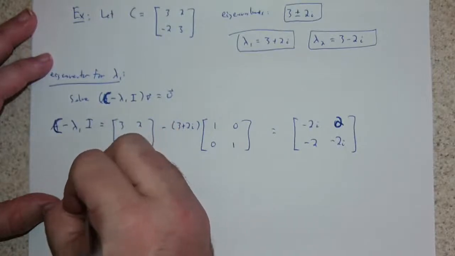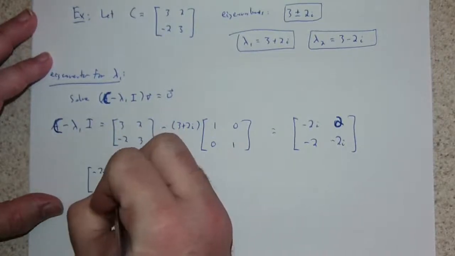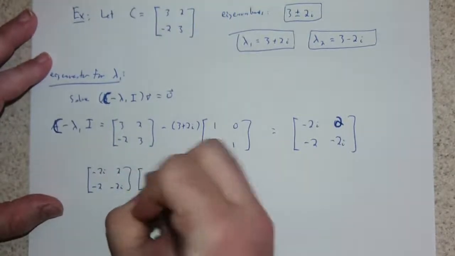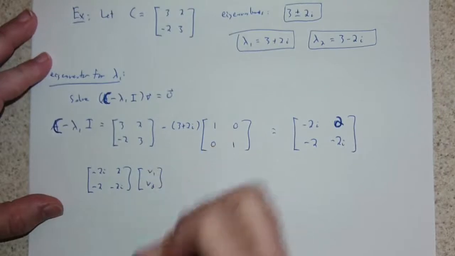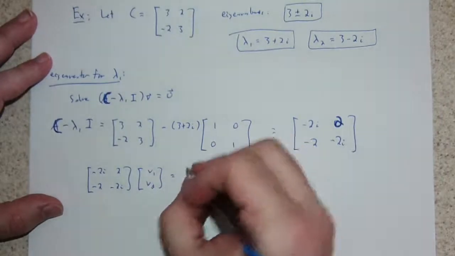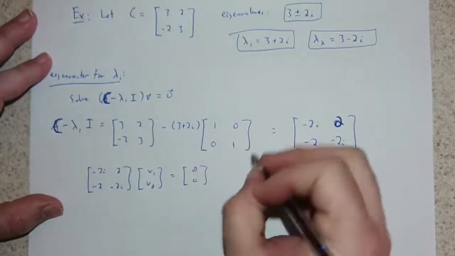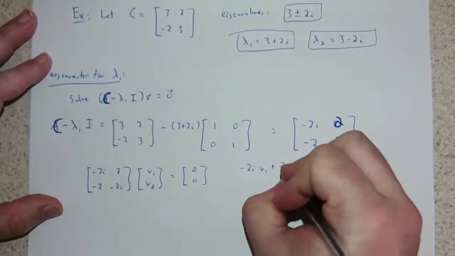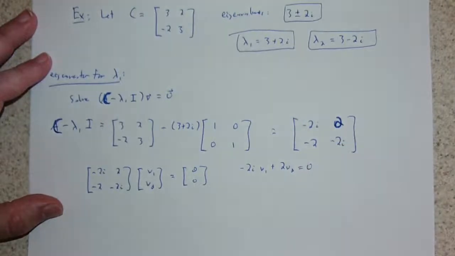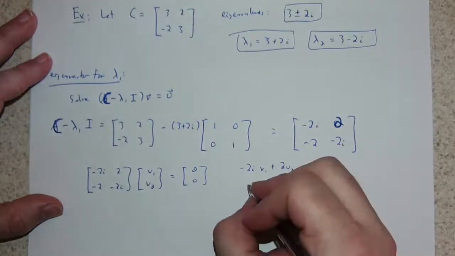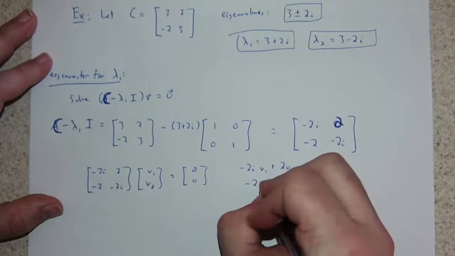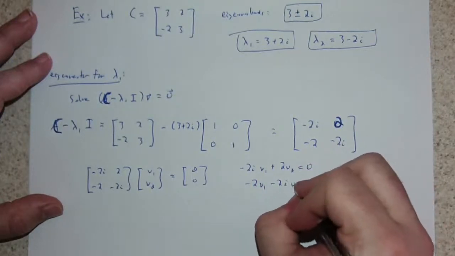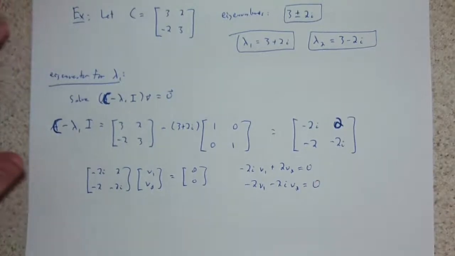I have the matrix minus 2i, 2, minus 2, minus 2i, times v1, v2. And that is equal to 0, 0. So I get two equations. Minus 2i v1 plus 2 v2 is equal to 0. And minus 2 v1 minus 2i v2 is equal to 0.